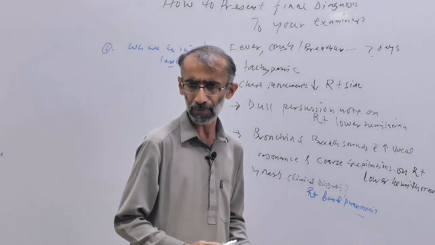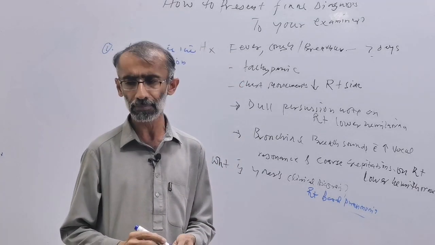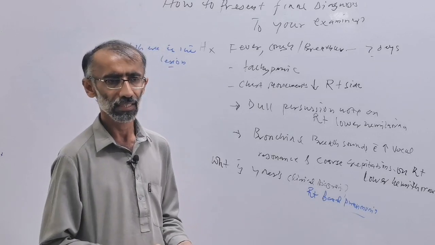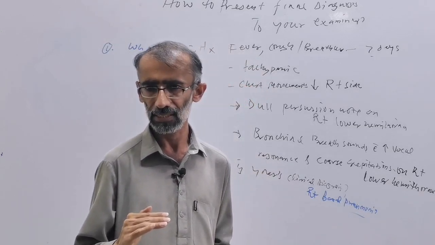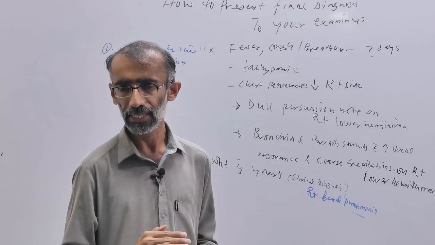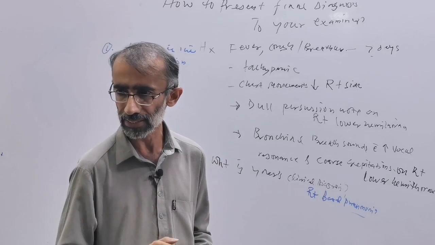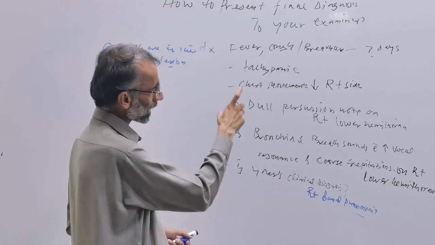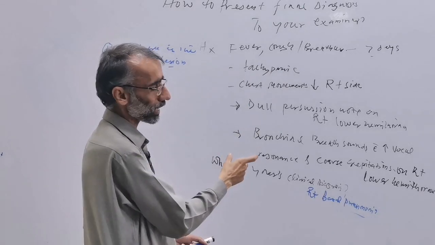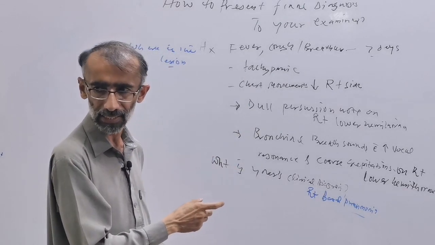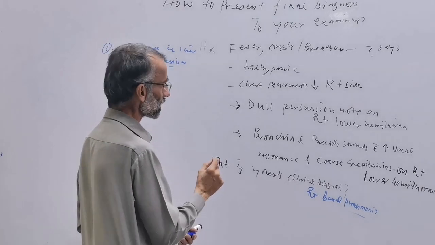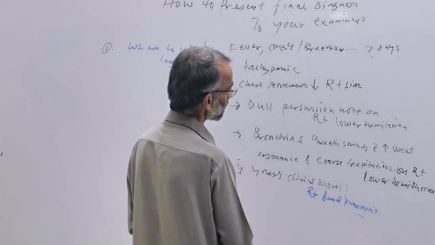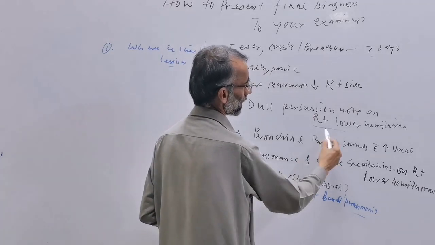In case of a respiratory system, you have to decide either it is lung parenchymal, lung vasculature, or lung pleural disease. What do you think in this scenario? It is most likely lung parenchymal disease. And where is the site? Site is the right base.